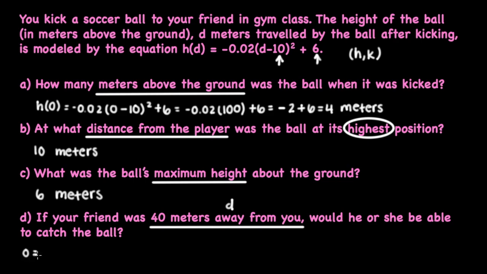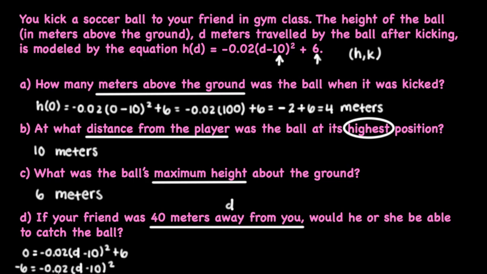So we have 0 is equal to negative 0.02 times d minus 10 squared plus 6. And we are solving this for d. So that means we can subtract 6 from both sides to get negative 6 is equal to negative 0.02 times d minus 10 squared.